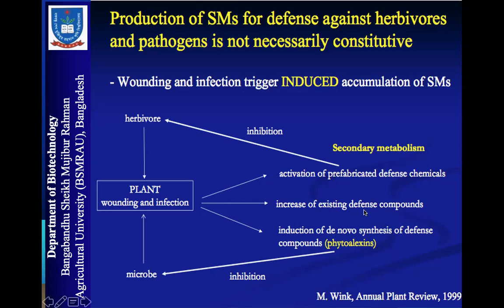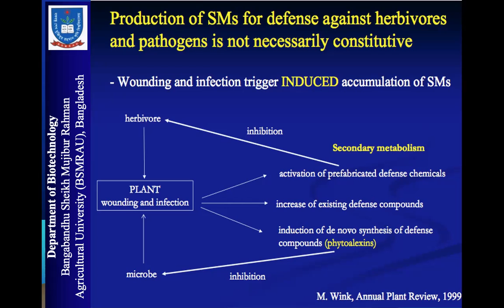Another way is increase of existing defense compounds. For example, a toxin is there, but the concentration is low. So the concentration of existing defense compounds can be increased so that it can stop the herbivore from eating the plant.